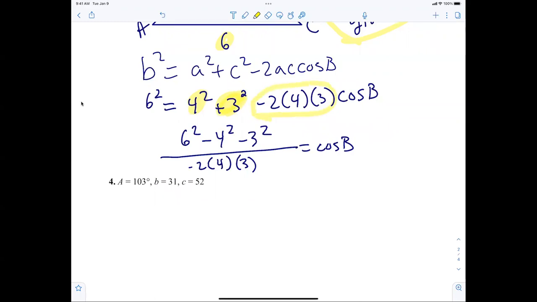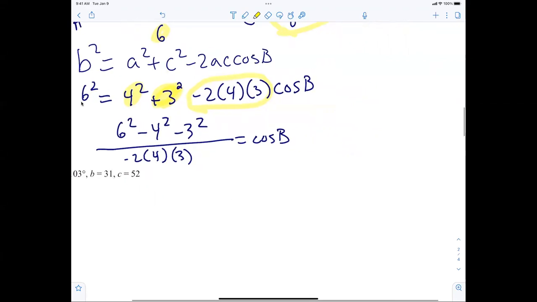All right, it's nice on your calculator because you can hit alpha X and the fraction will come up. Is everybody with me? Do that. Now type in, do I really have to type in 6 squared? No, hopefully you're just typing in 36 minus 16 minus 9 over negative 24, equals.